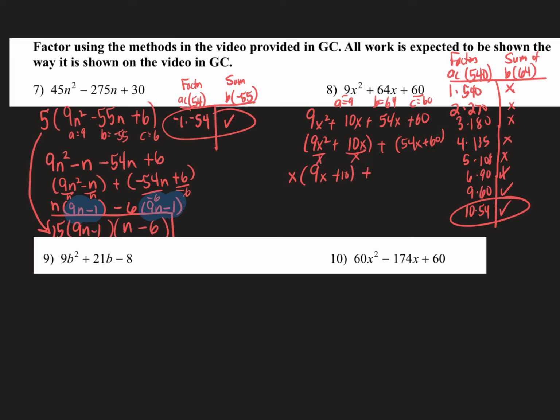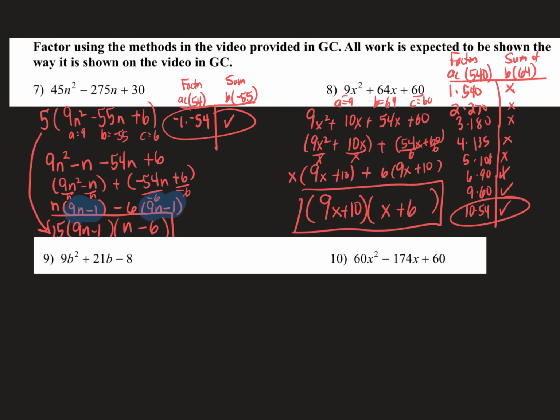The second group has 6 in common. And 54 divided by 6 is 9x, and 60 divided by 6 is 10, so 9x plus 10. Yes, it did work because those two parentheses are the same. So my answer is 9x plus 10 times x plus 6. That's the answer to number 8.